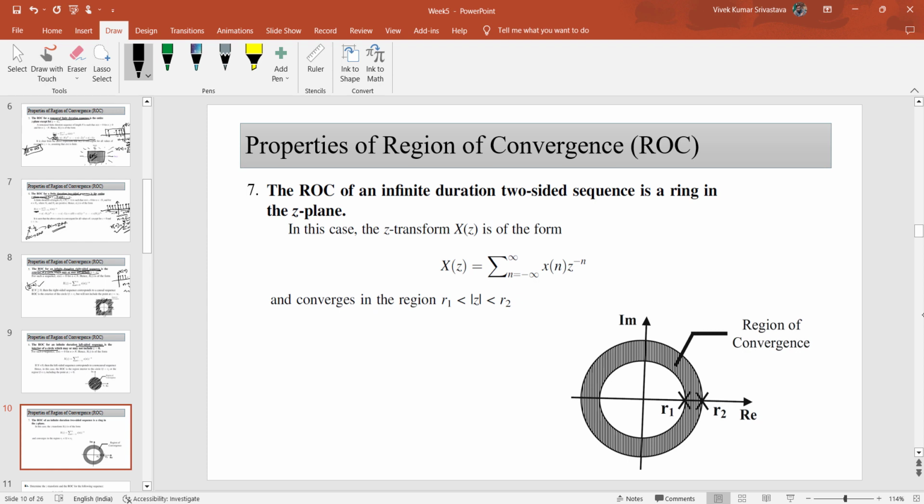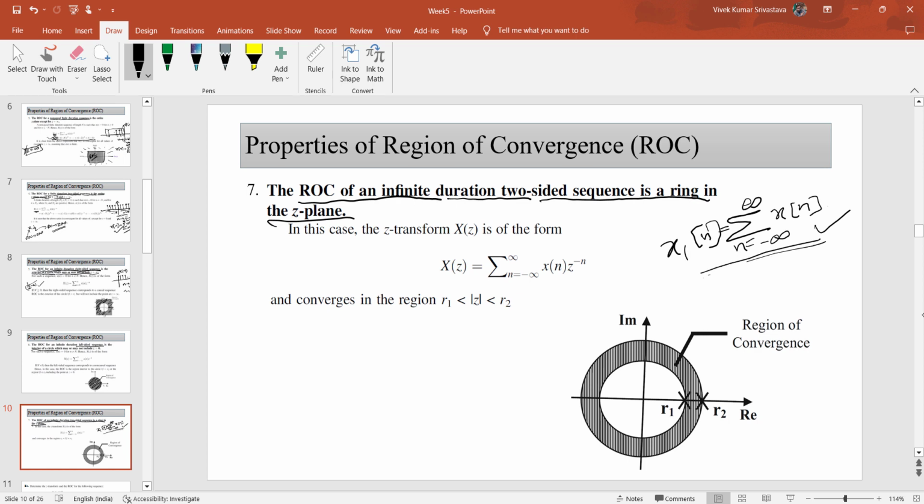Now moving ahead, this is the last property, which states that the ROC of an infinite duration two-sided sequence is a ring in the z plane. Suppose you have a two-sided sequence, that is x of n is defined as the summation from n equals minus infinity to infinity of x of n. Let us say this is another signal, x1.